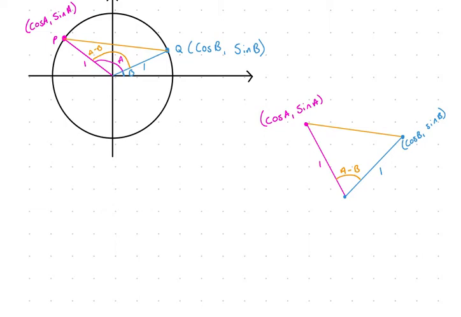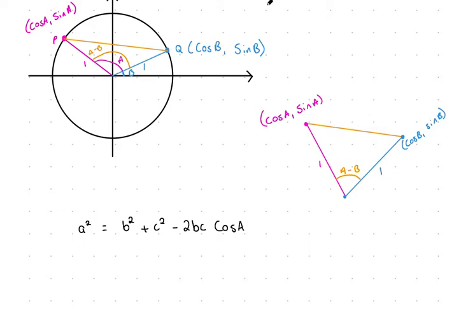So we're going to use next the cosine rule, which says that a squared is equal to b squared plus c squared minus 2bc cos of A. Now, in that, what we know is that the side a has to be opposite the angle we're going to use.